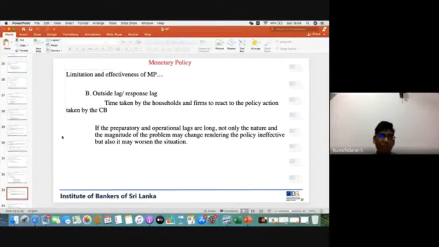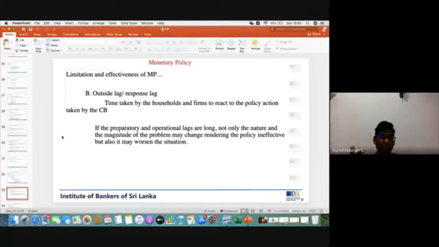If the preparatory and operational lags are long, not only the nature and the magnitude of the problem may change, rendering the policy ineffective, but it may also worsen the situation. The problem is, if you take more time in preparation before you implement the policy, the problem might have changed.